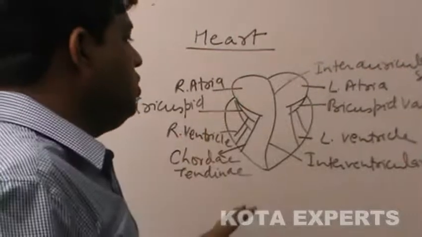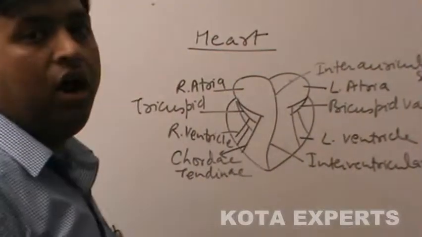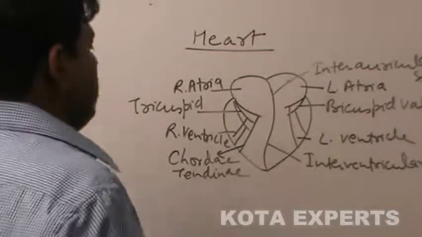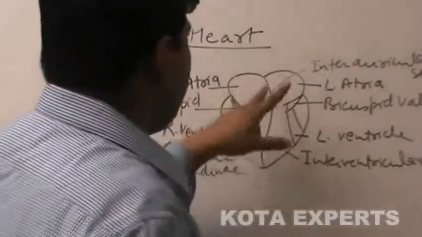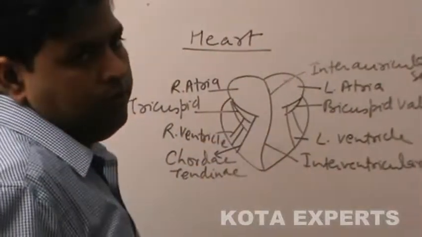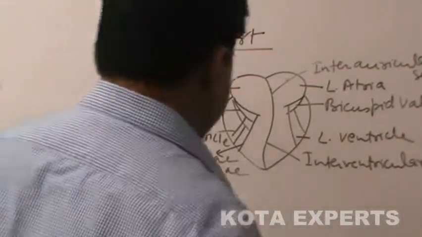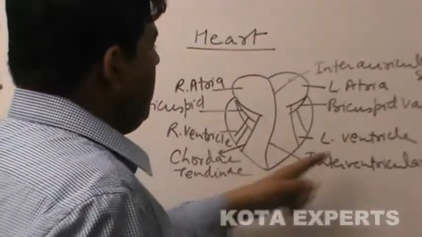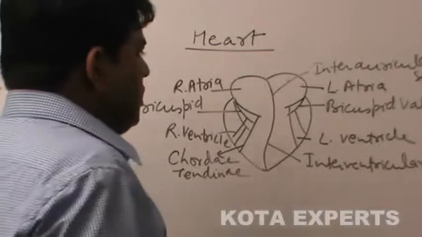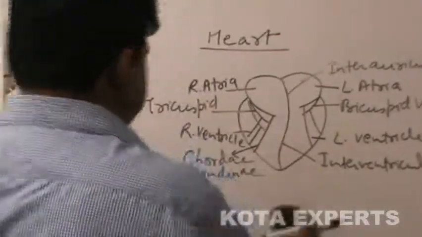These are the general parts of a mammalian heart. So, two auricles and two ventricles. Upper chambers are known as atria, lower chambers are known as ventricles. It is divided by the interventricular septum and interauricular septum.